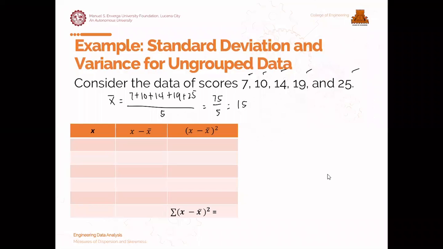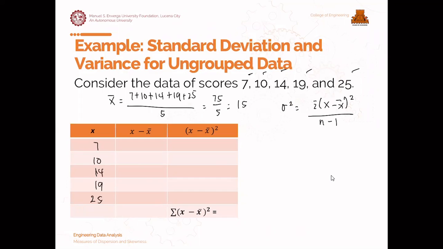Then, since our formula earlier for variance is equal to the summation of x minus bar x squared all over n minus 1, we prepare this table, no? So, each row will be composed of each data: 7, 10, 14, 19, and 25.